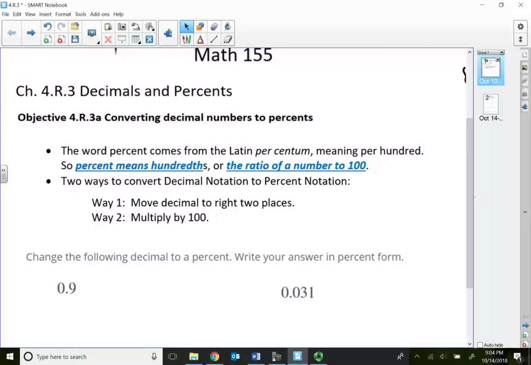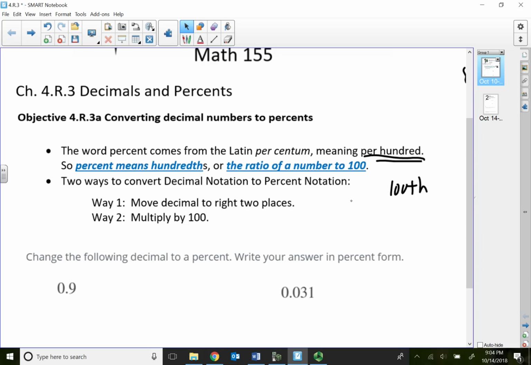Real quick, the word percent comes from the Latin word per centum, meaning per hundred. So percent means per hundredth, or is the ratio of a number to 100.